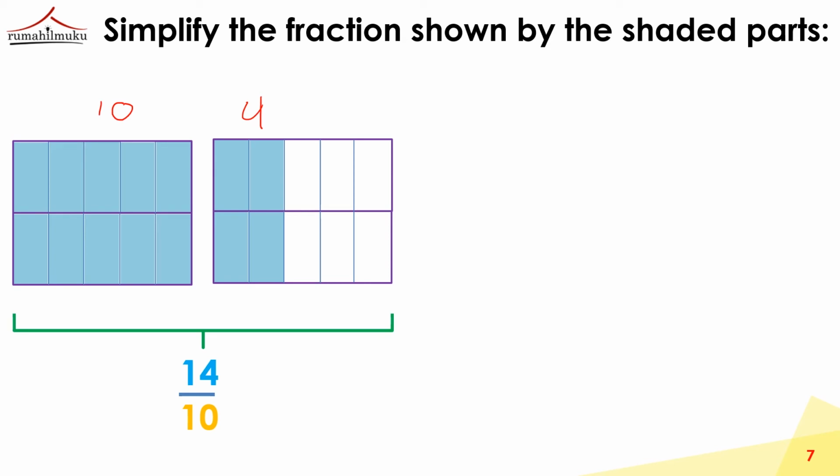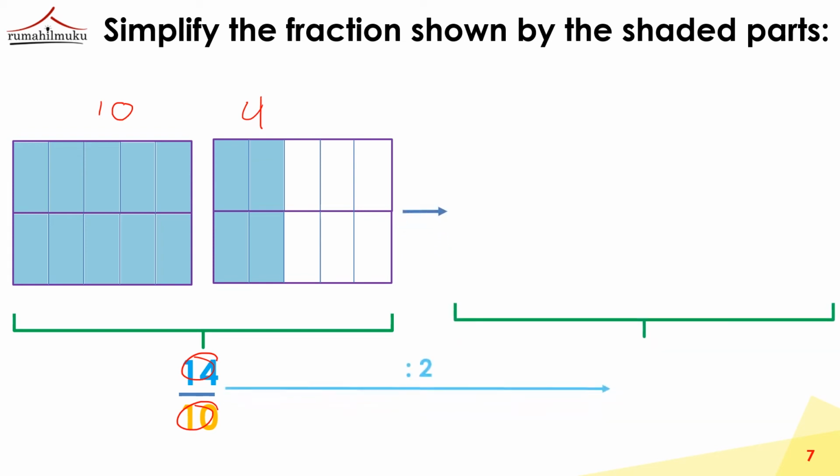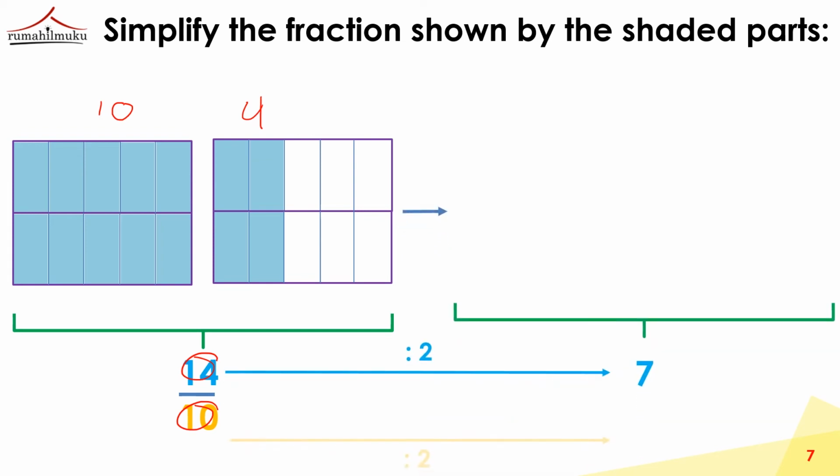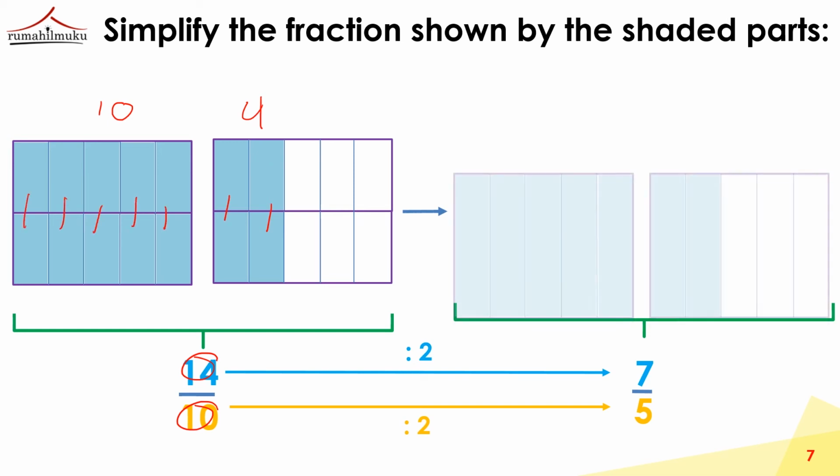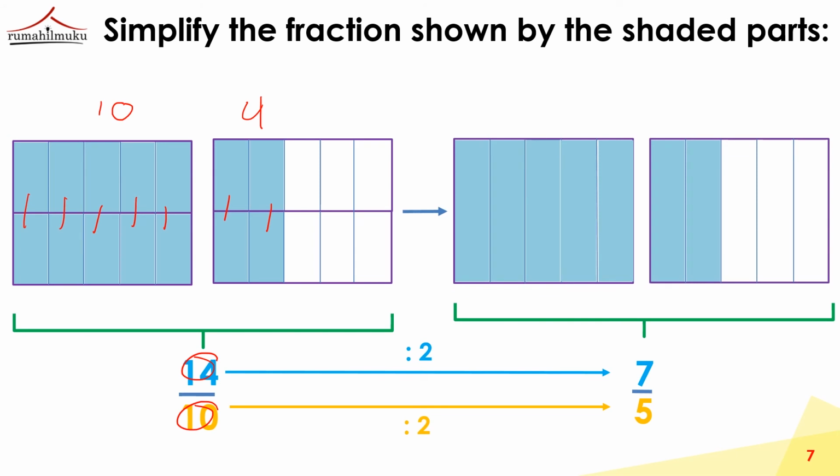So 14 divided by 2 becomes 7, and 10 divided by 2 becomes 5. So it becomes 7 out of 5, and in these boxes, we are going to merge each of these 2 sections, and it can be shown that we have 7 out of 5. So the simplified result from 14 out of 10 is 7 out of 5.